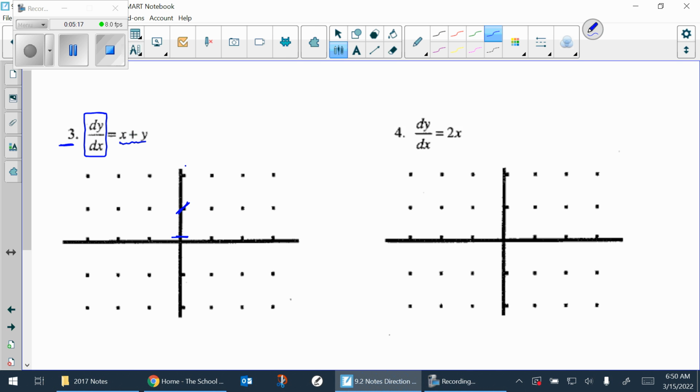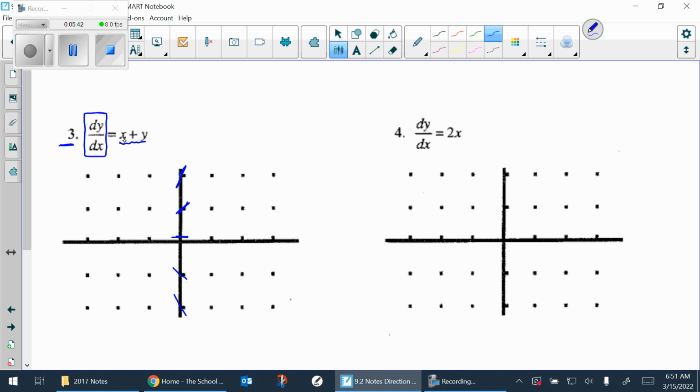At 0, 2, I've got a slope of 2. At 0, negative 1, the slope is negative 1. At 0, negative 2, a slope of negative 2. Now, this one doesn't seem as easy as the previous one. In the previous one, there was a nice pattern to be seen.